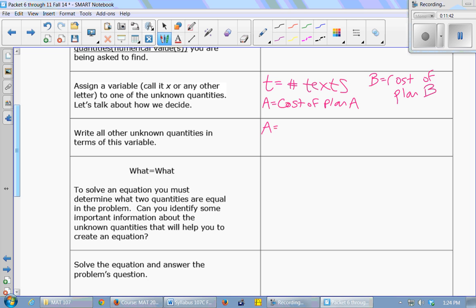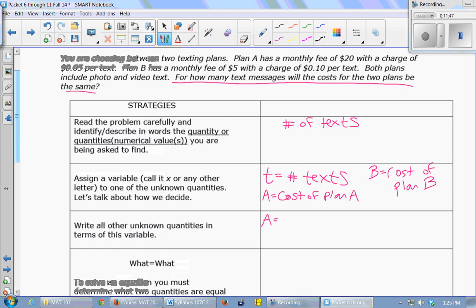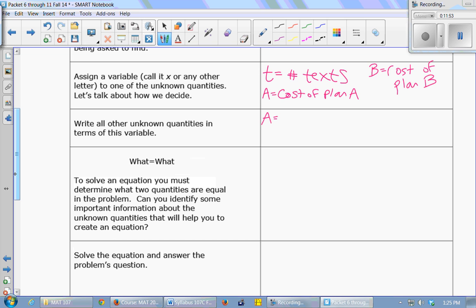What is the cost of plan A? $20 plus 0.05 times T, the number of texts. 20 plus 0.05 T.